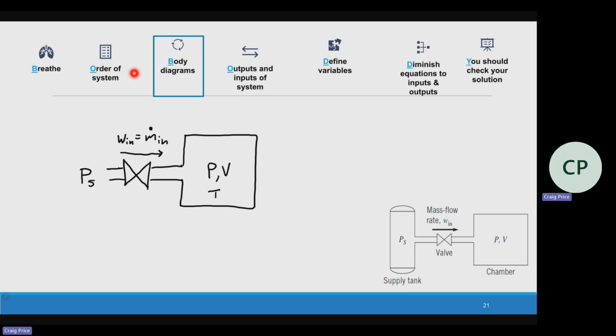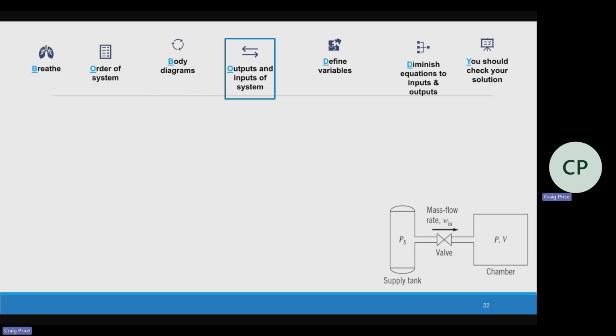Okay, these are just some of the pneumatics basics. Not a major focus of the class, but similar to hydraulics. Input, output. What would you say the input is? W in?